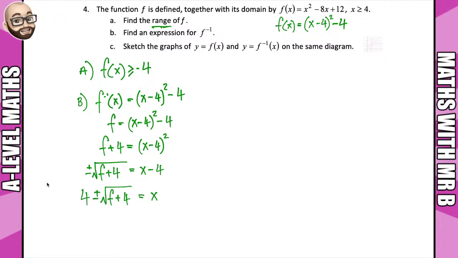But for the minus, if we start off with 4 and we take away this thing here, that's going to get us a number that's always going to be smaller than 4. This means that we don't really want the negative part of this equation. So when we write out our actual inverse, we don't want to include the negatives. So the inverse expression is just 4 plus the square root of x plus 4.